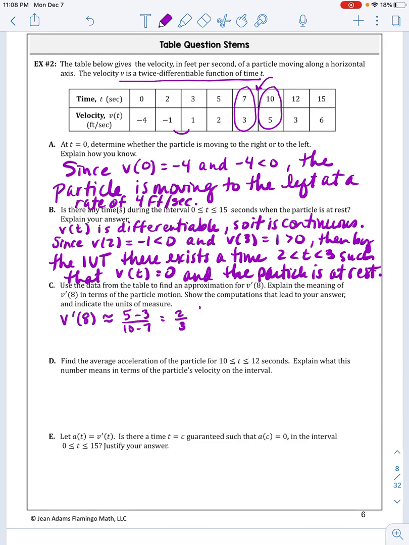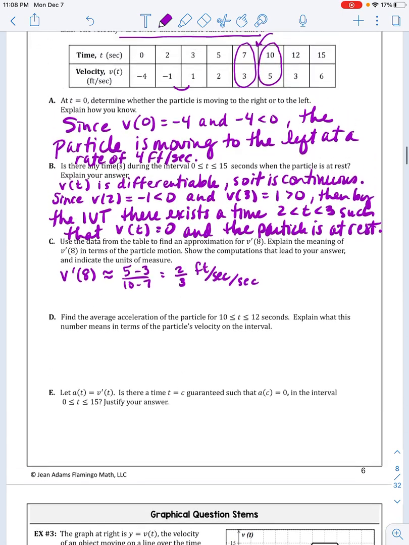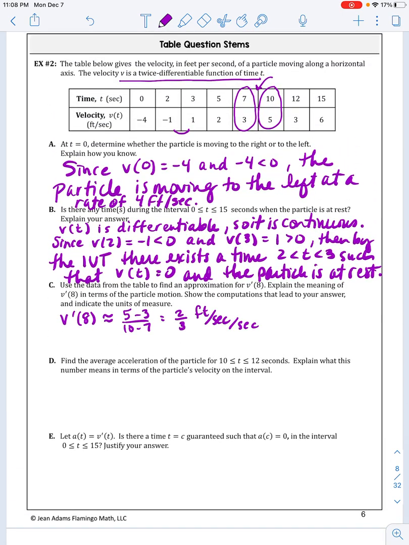So 2/3, and that would be feet per second, and then per second. Remember that when you take that velocity, it's going to be the y value, feet per second, right here, over the x value. And you could write it as feet per second per second, or you could write it as feet per second squared. They do not cancel, okay?